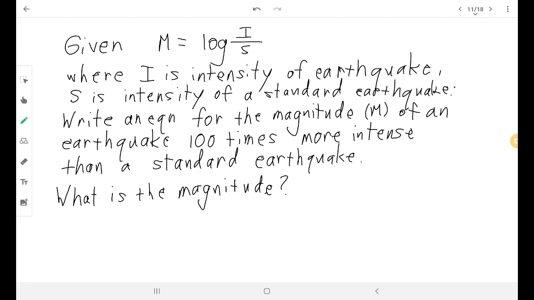And so we want to write an equation for the magnitude, M, of an earthquake 100 times more intense than a standard earthquake, and then figure out what the magnitude of that is. A standard earthquake is intensity 1. I'm sorry, not magnitude, but intensity 1.